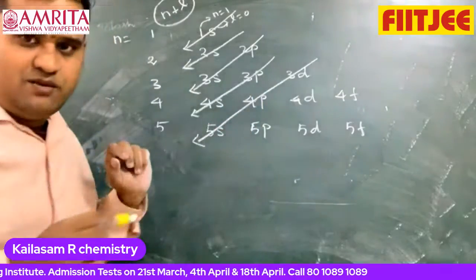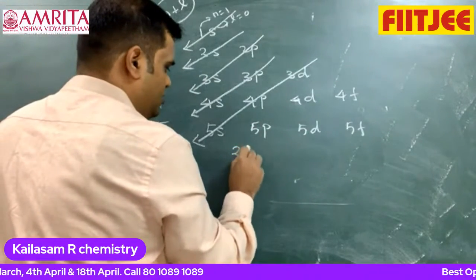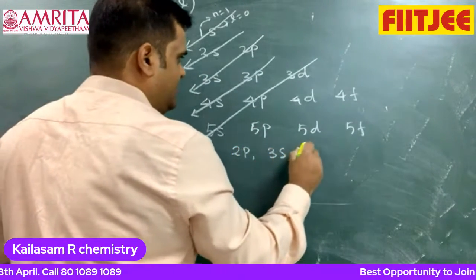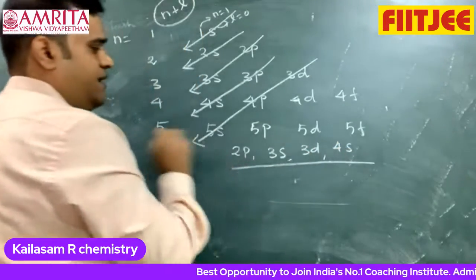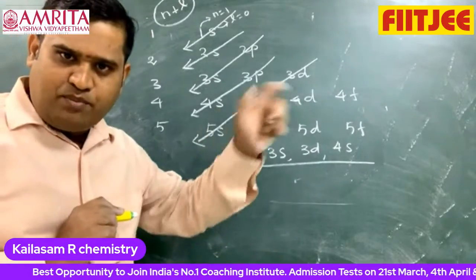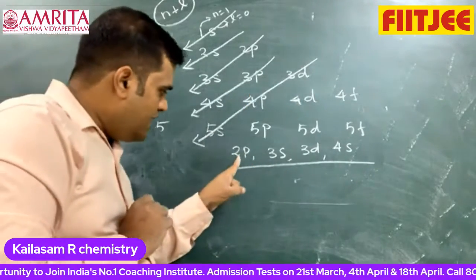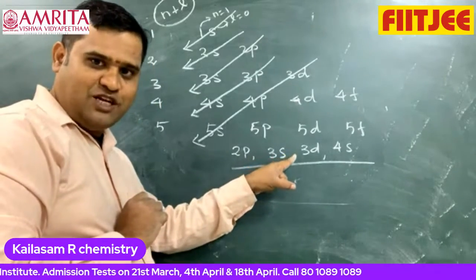That's all. In the exam they will ask you, for example, if I am giving 2p, 3s, 3d, 4s, like that, arrange in increasing order of energy level. So you have to go by the n plus l value. For 2p, n plus l is 3, and for 3s also n plus l is equal to 3.